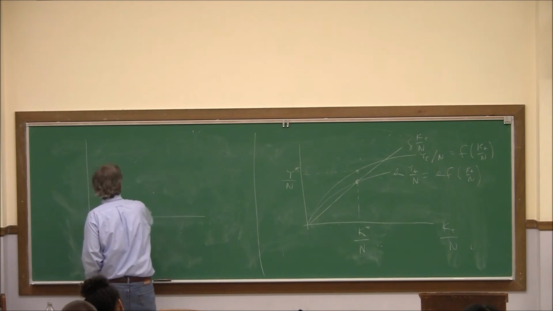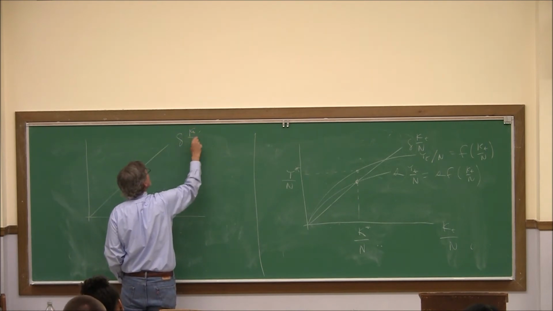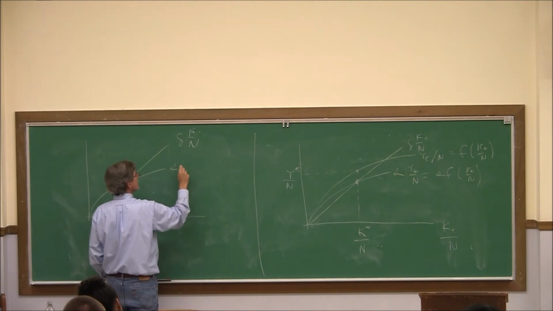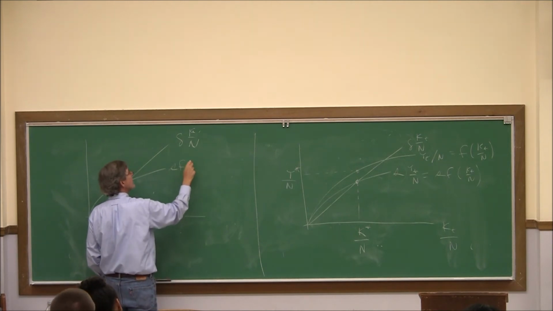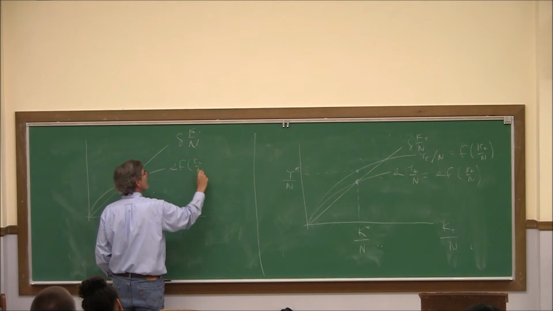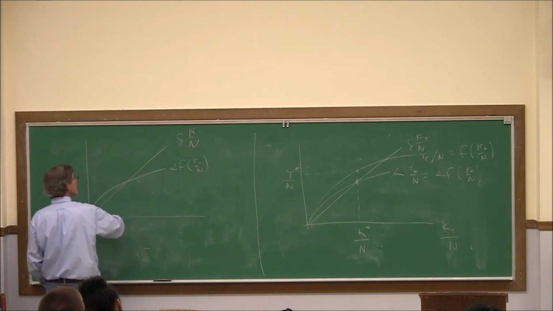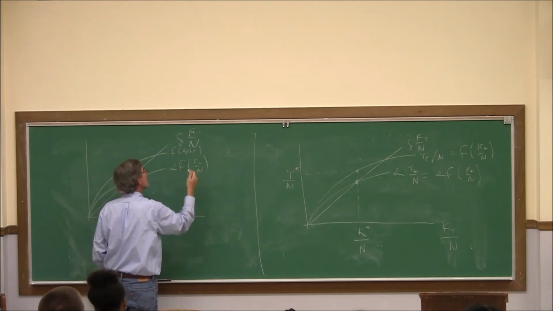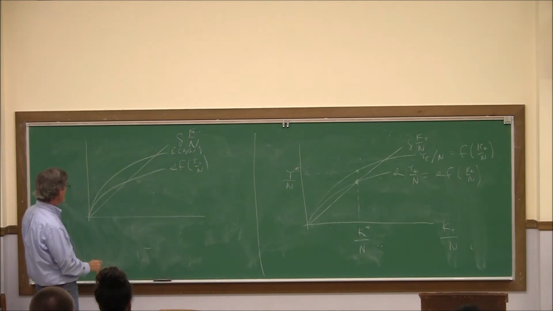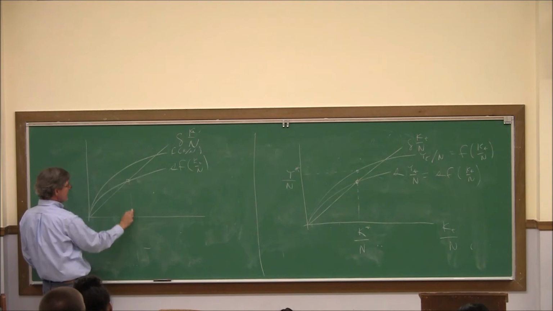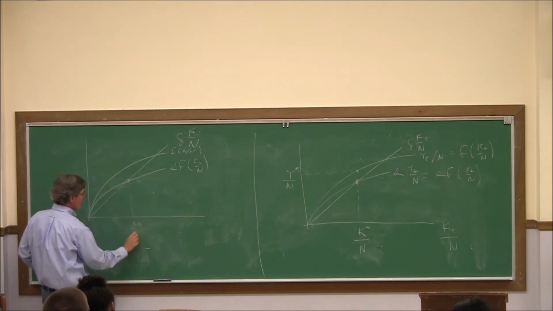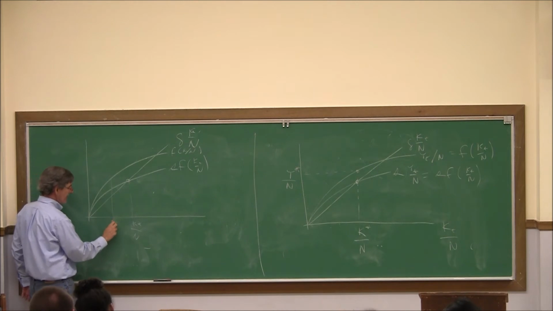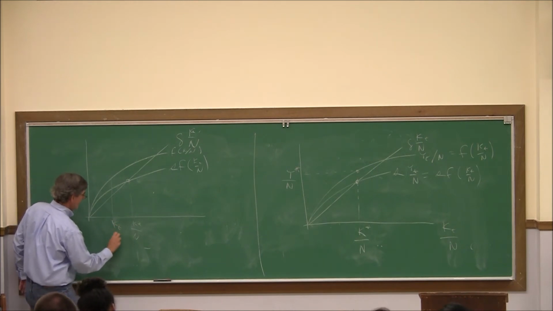All right, so you have delta k over n, this s f of k_t over n, that's just y. And again, this is a stationary state, k star over n. But let's start here, k_t over n.